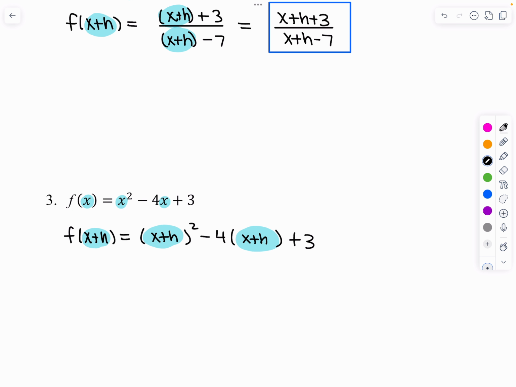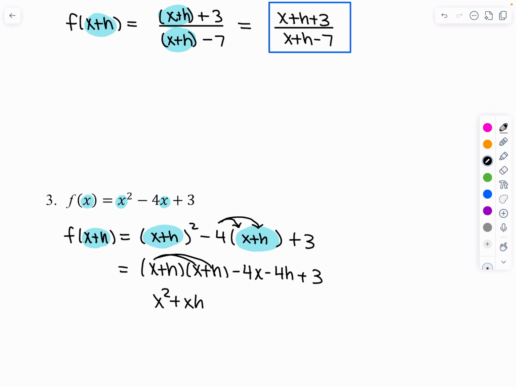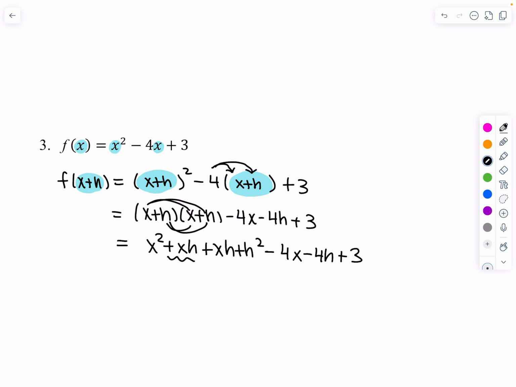As soon as I see that I have a binomial being squared, I'm just going to set myself up here to double distribute. I could distribute the -4, so that'd be minus 4x minus 4h with the plus 3 at the end. Double distribute here, I get x squared plus xh plus another xh plus h squared minus 4x minus 4h plus 3.